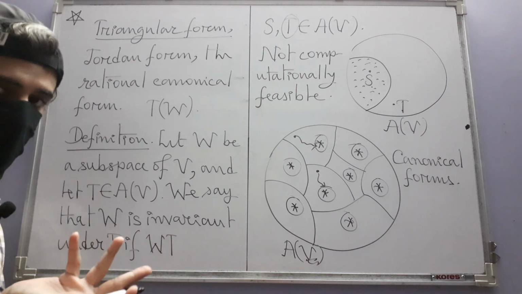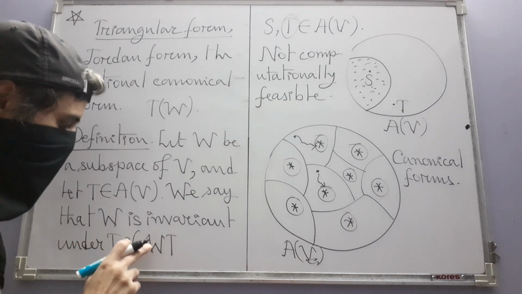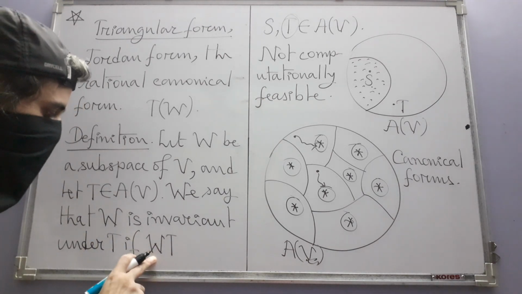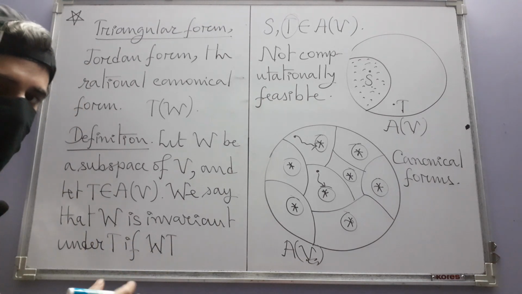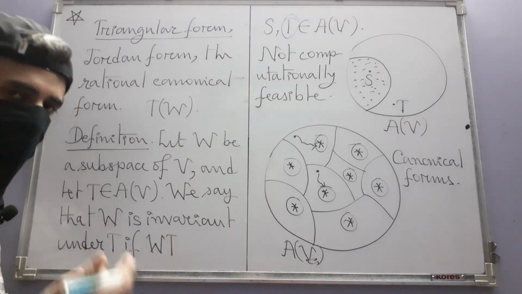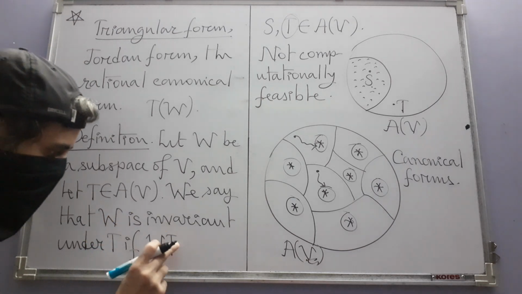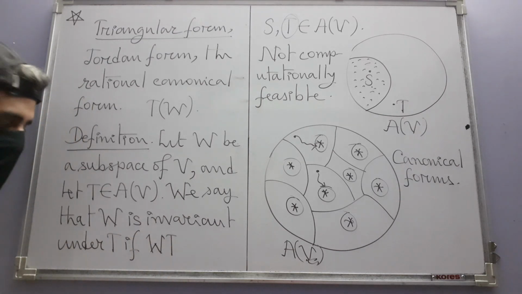We are, however, as you already know, we write the input first followed by the function. And we also do not use parentheses unless there is some chance of confusion. So this is the image of W under T.